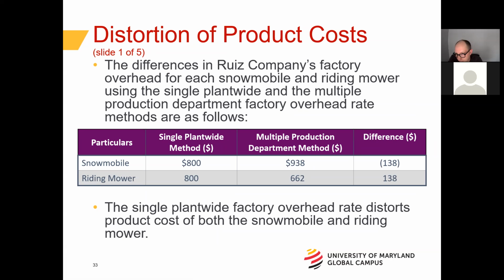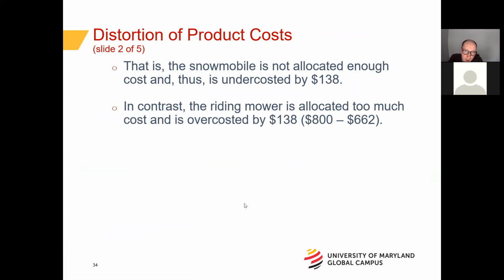Well, the second most accurate, I'll say. The first is going to be activity-based costing, and we'll talk about that. But the concept of this distortion cost is we look at the differences between the two. Based off of that difference, snowmobiles are under allocated factory overhead by $138, and the riding lawnmowers are over allocated $138 factory overhead.